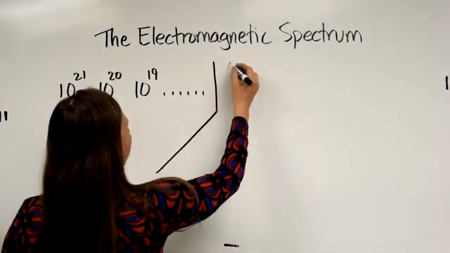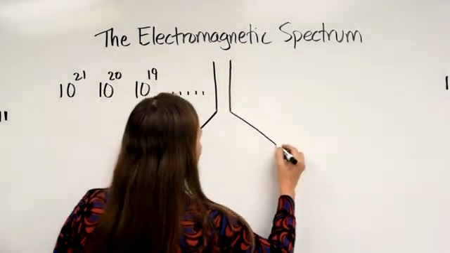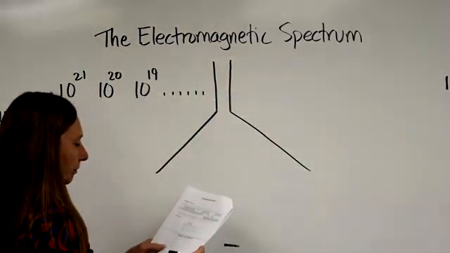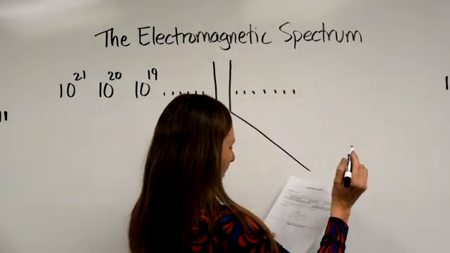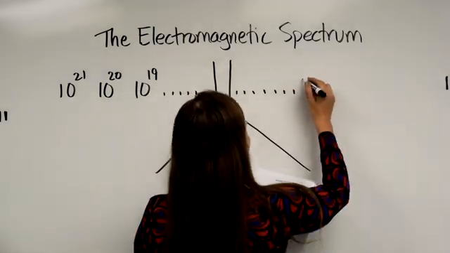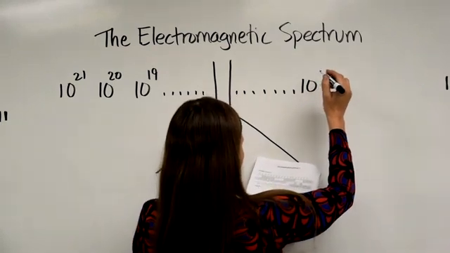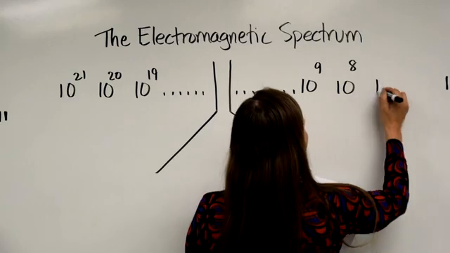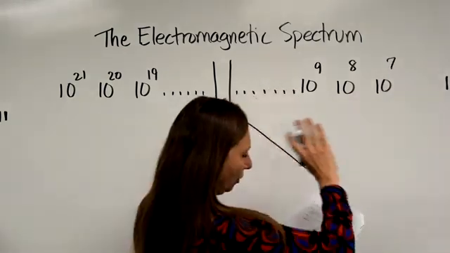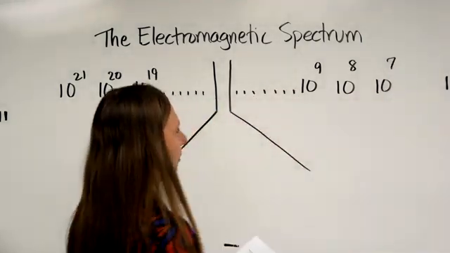I'll draw that in here in just a moment. Here's your visible light. That's going to be over here. And then on the right side, you've got, for example, 10 to the 9th, 10 to the 8th, 10 to the 7th. It goes down to 10 to the 5th on that side.